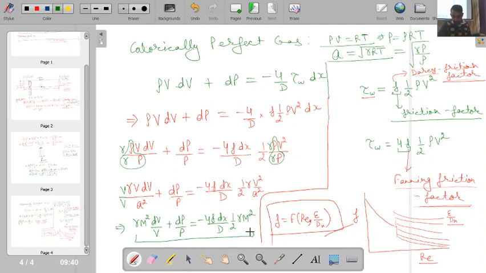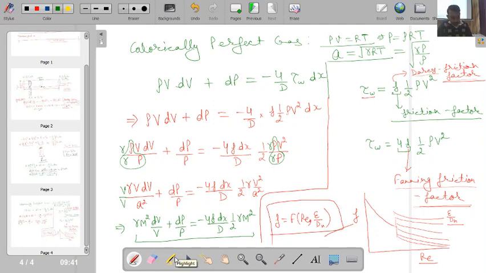So from here you see, whenever I am substituting a equal to square root of gamma p by rho, I have nothing but invoked the assumption of a perfect gas. Let's now try to see how I can write this dv by v and dp by p in terms of Mach numbers.